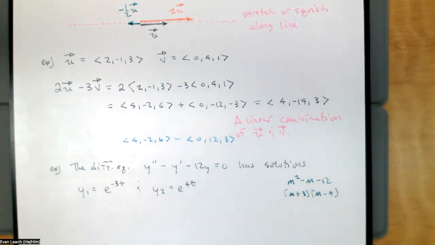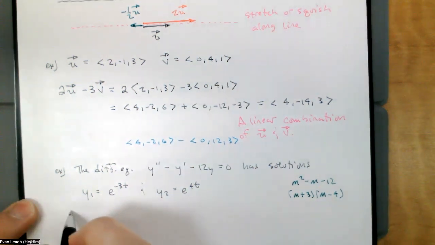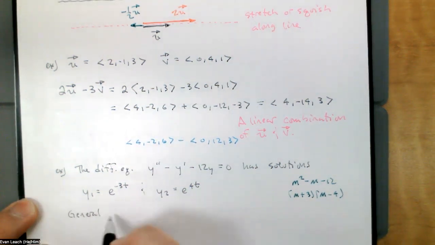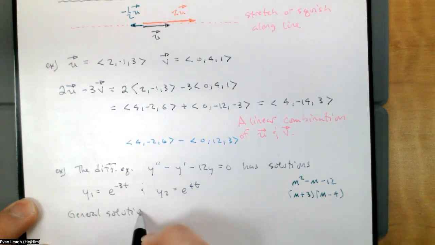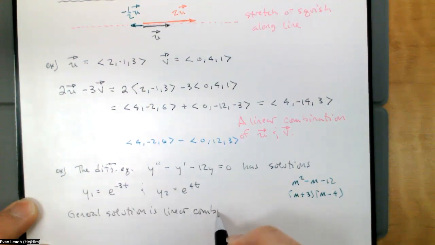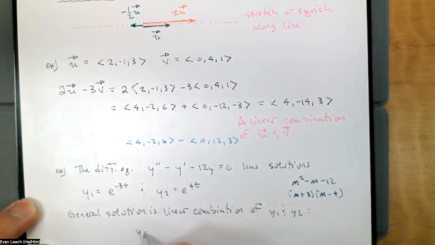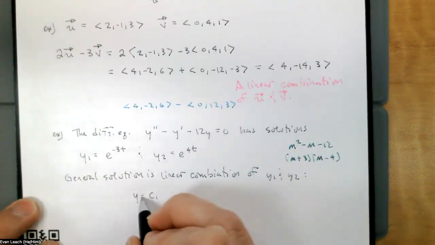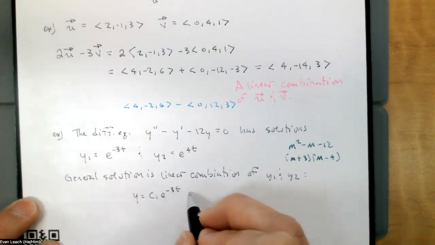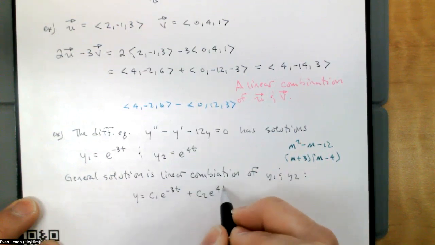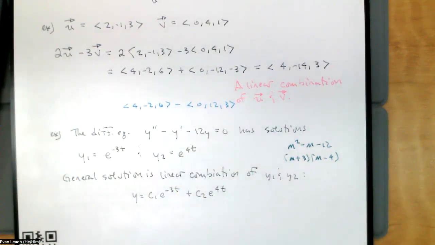So our general solution is a linear combination of these two functions, where we multiply each one by some scalar and then add them together.